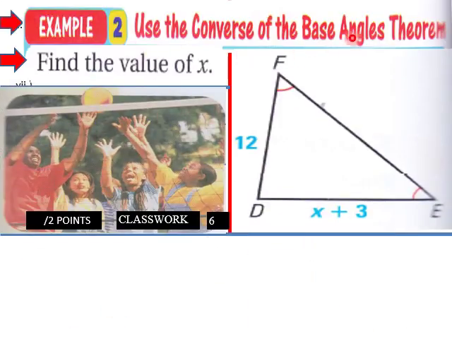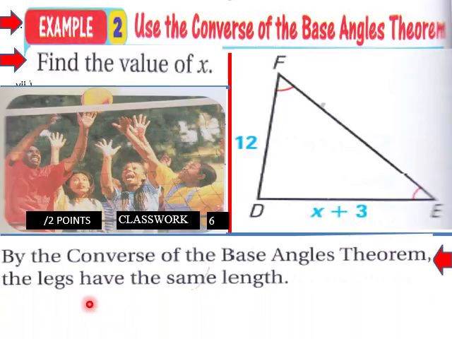Use the converse of the base angles theorem. So find the value of x. X is here, x plus 3. So what do we have here? By the converse of the base angles theorem, these angles here are the same. The legs have the same length, so this must be equal to that, yes, because of our angles here.